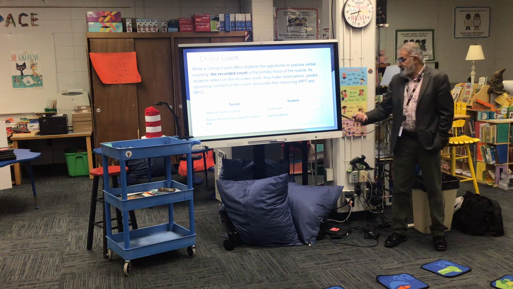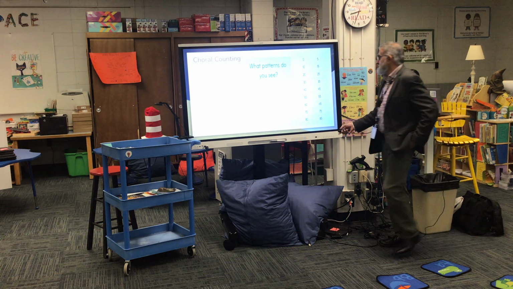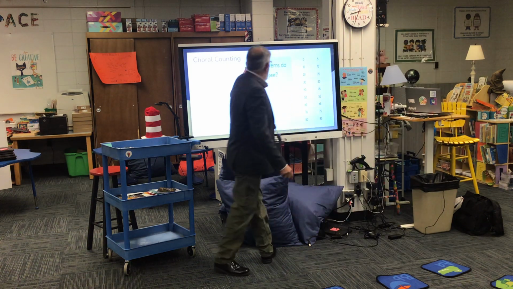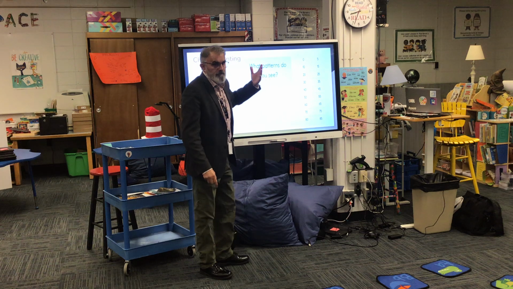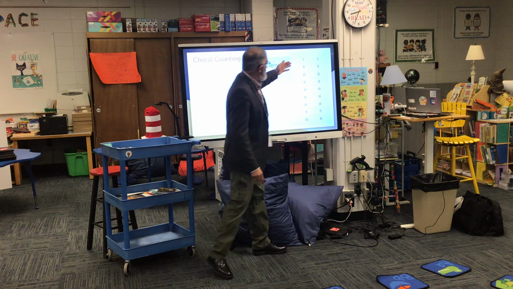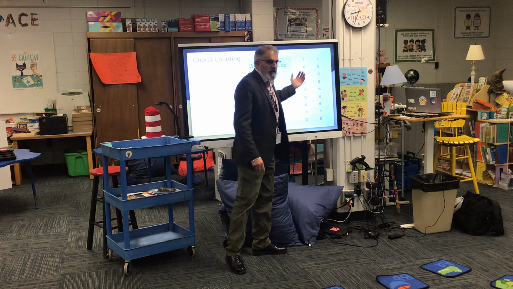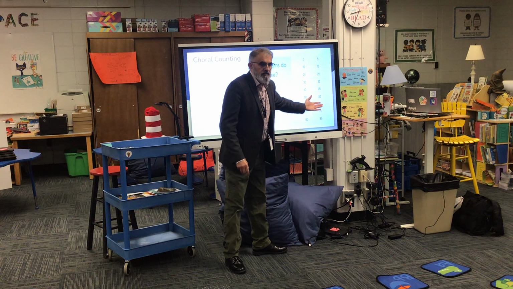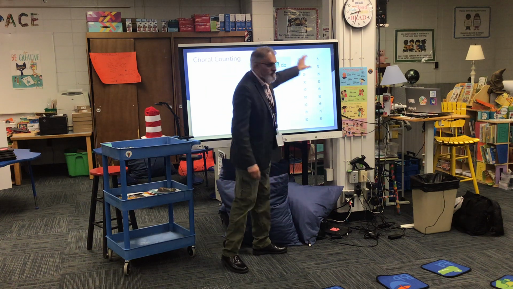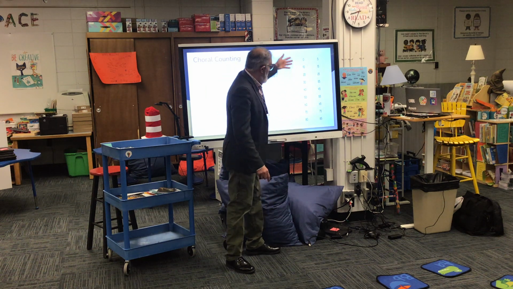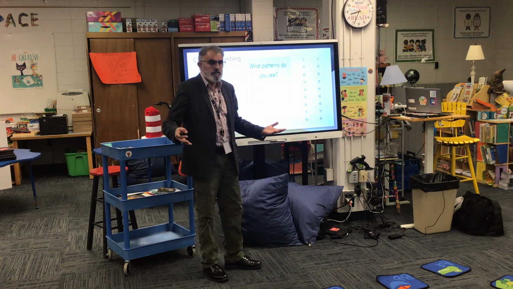What additional patterns? So you look at this choral counting, for example, and we're choral counting by 5, right? So we're going 0, 5, 10, 50. Why did they do that? Instead of going across 0 to 5, 10, 50, they did it for a particular purpose, right?